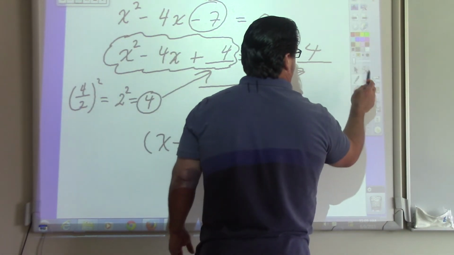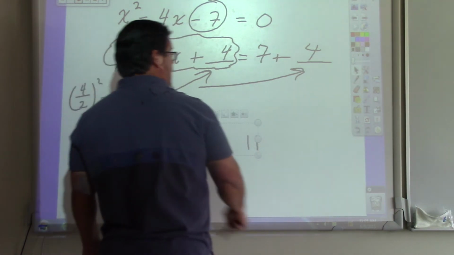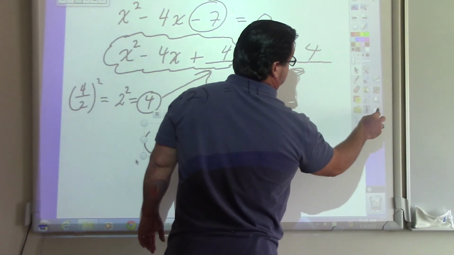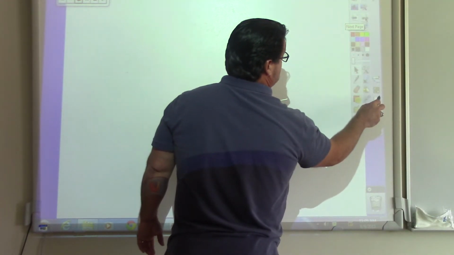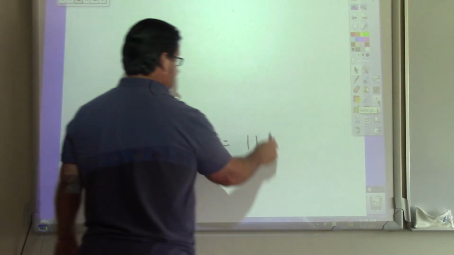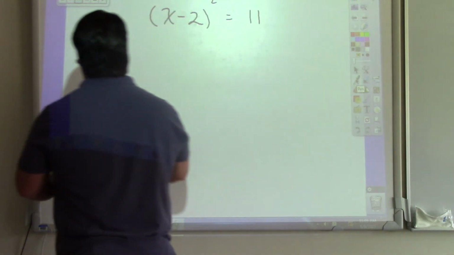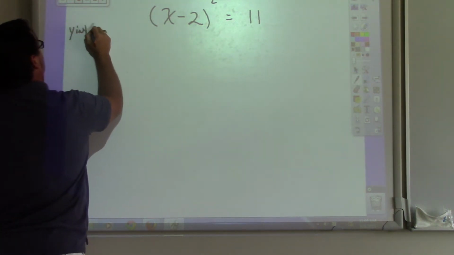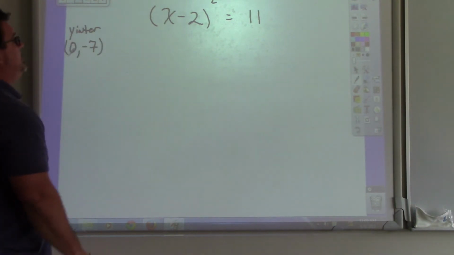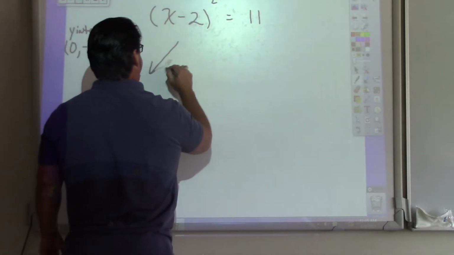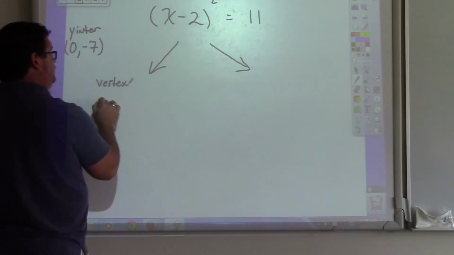So take your handy dandy copier and copy it. Take it to the next page. What did I say our y-intercept was? Negative 7. And our vertex is going to be what?